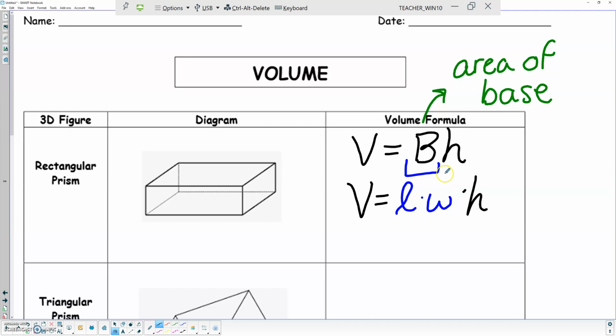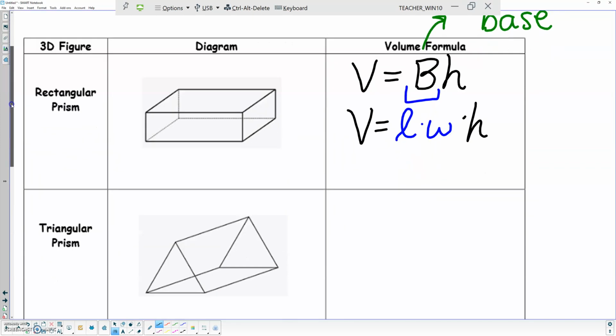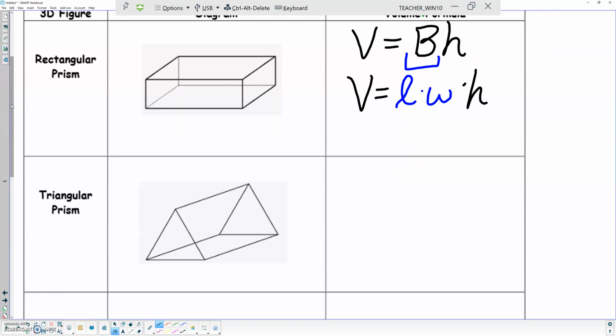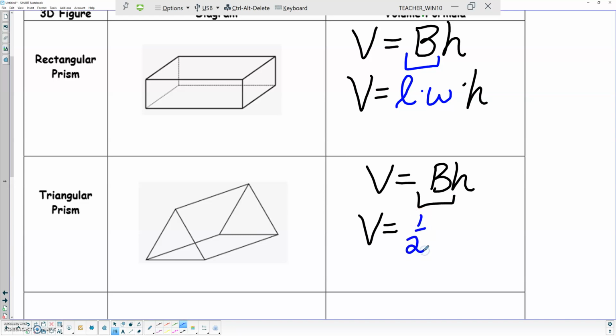Next one is a triangular prism. In a triangular prism, the base is a triangle. So here we would replace capital B with the area of a triangle, which is 1/2 times the base times the height.